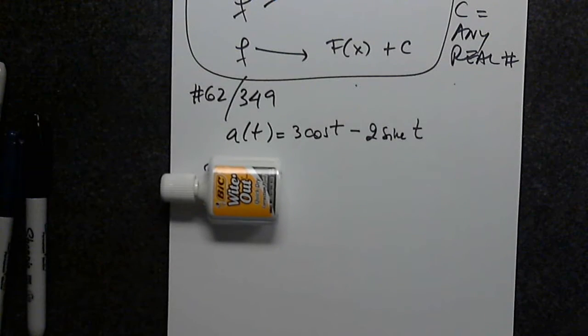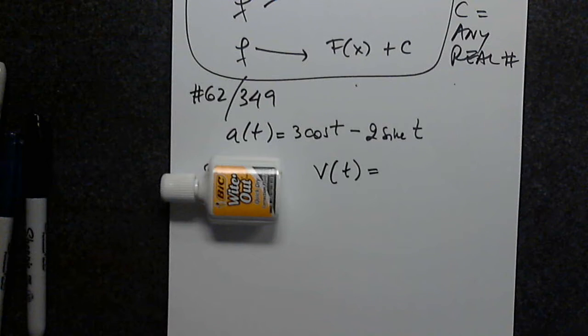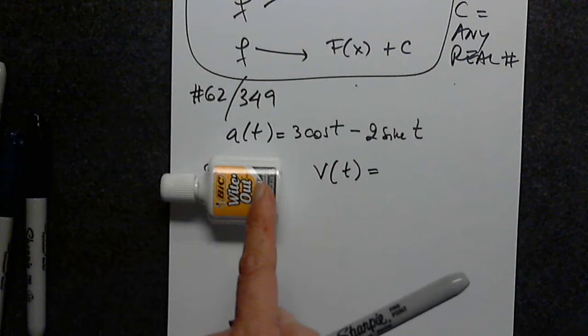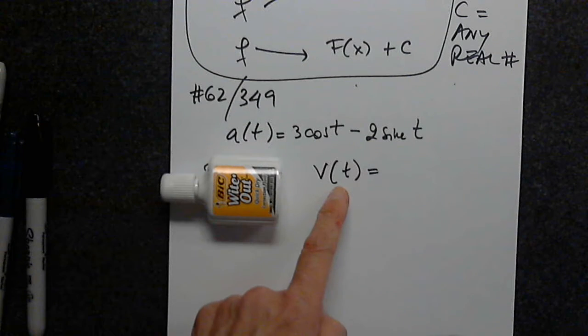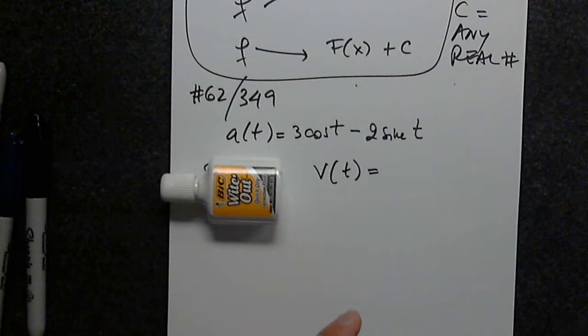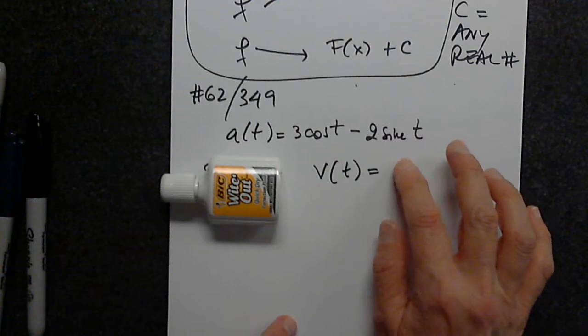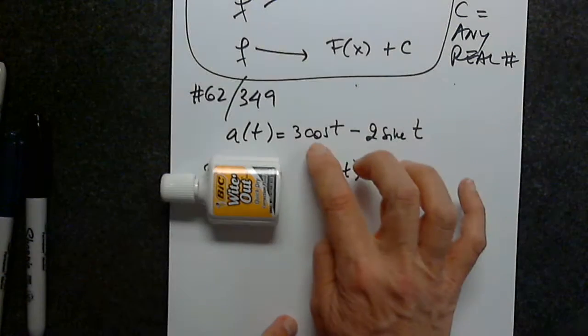Okay. So in other words, we are going backwards. We want to find V of t. The acceleration is the second derivative of the distance. The velocity is the first derivative of the distance of the particle, right? Or the motion formula. So here's how we proceed. We want to find a function whose derivative is 3 cosine t.